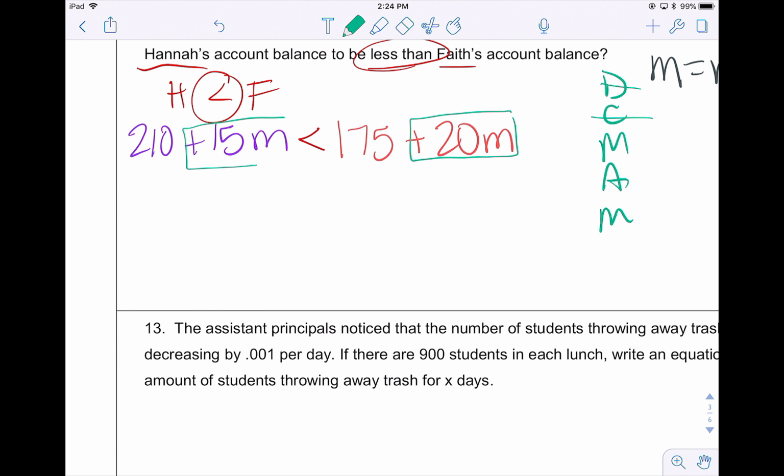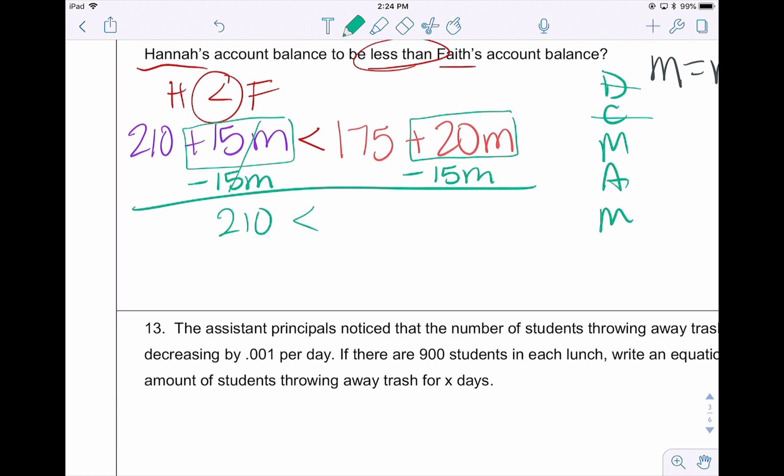We do have variables on both sides of the inequality, so I need to move them to one side. For this inequality, I have numbers and letters on both sides, so I'm just going to move the 15M, so I'm less likely to end up with negatives. So I have 210 on the left side, 175, and 20 minus 15 is 5M.